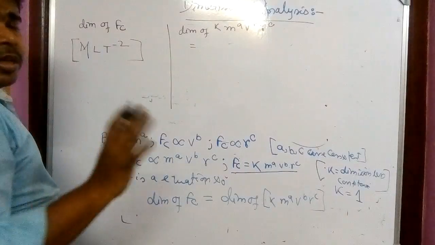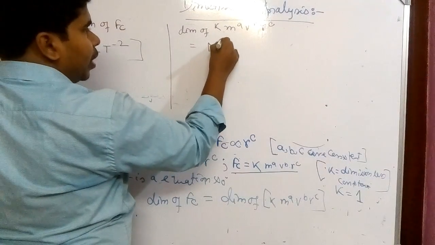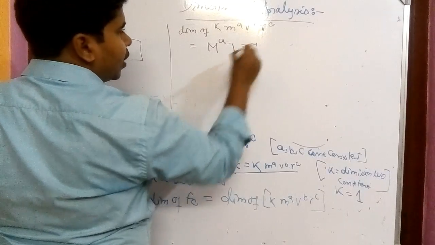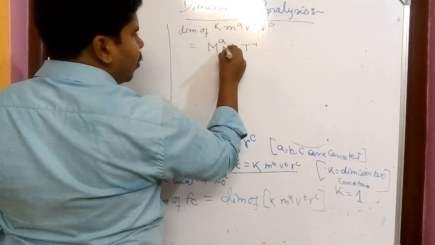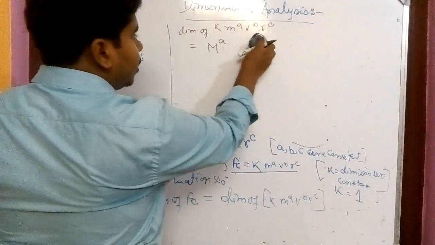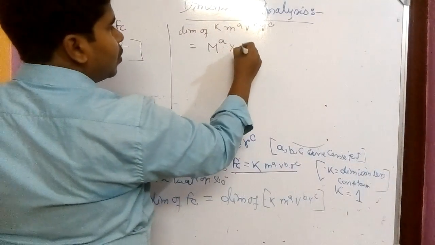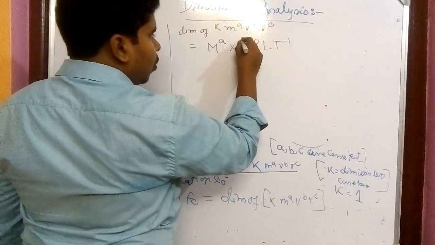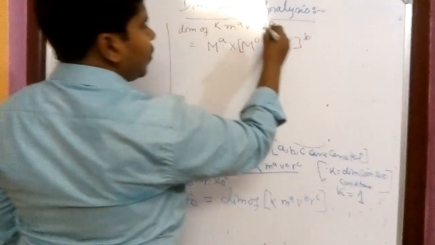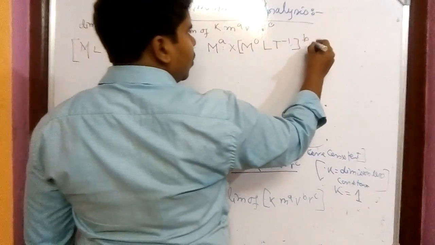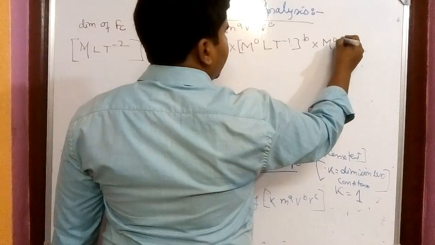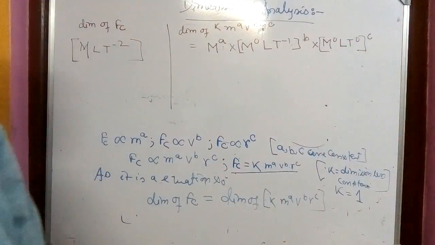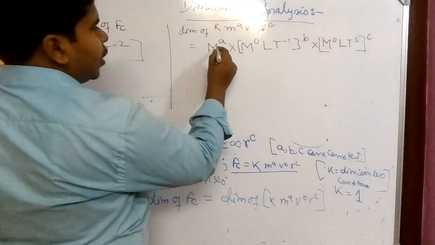So K doesn't have any dimension. For M, it is M to the power A. V means L T to the power minus 1. Definitely there will be M to the power 0, so M to the power A into, for V it is M to the power 0 L T to the power minus 1 whole to the power B. For R it is a distance, so M to the power 0 L T to the power 0, that to the power C. Again, for mass I have written only mass.